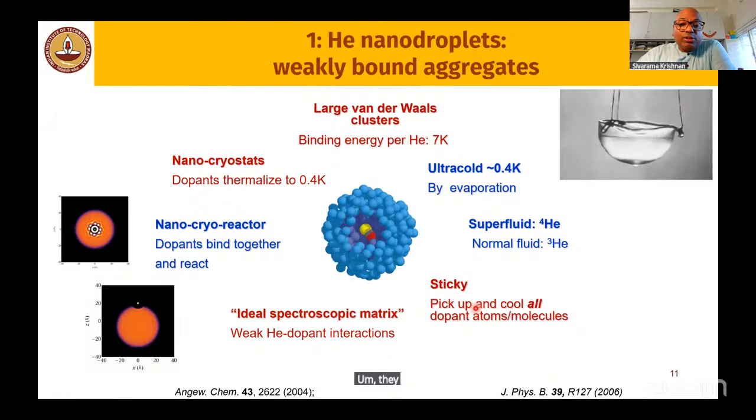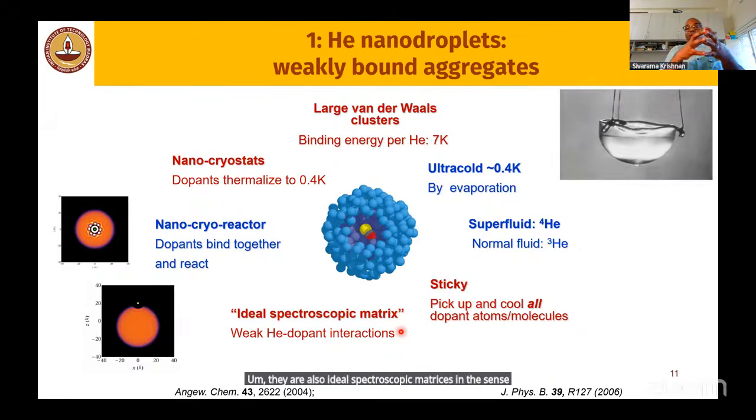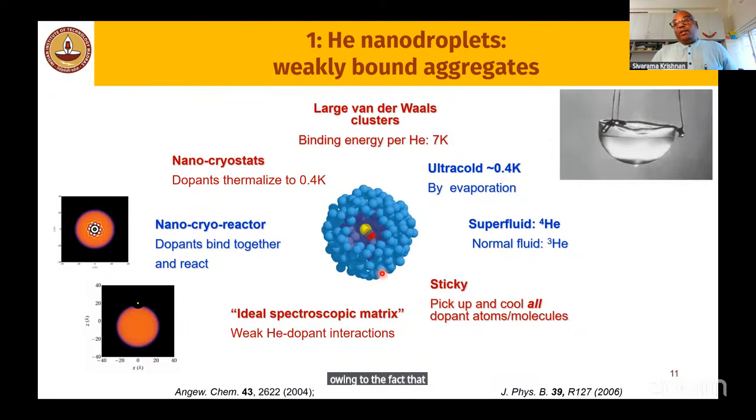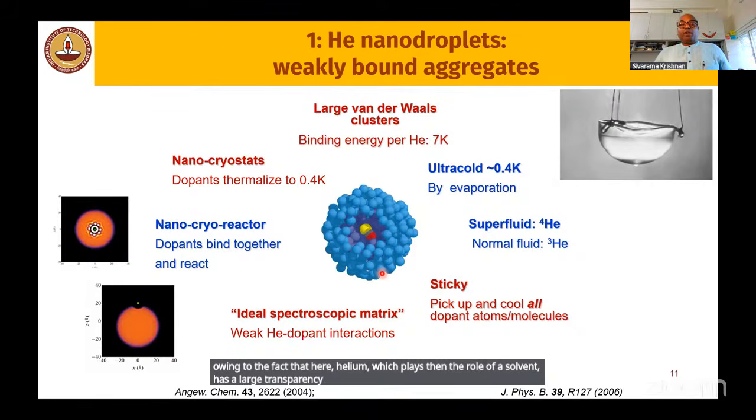They are also ideal spectroscopic matrices, in the sense that inside these clusters, or what I call laddus colloquially, we can dope other atoms or molecules and form an ideal spectroscopic matrix, owing to the fact that here helium, which then plays the role of a solvent, has a large transparency window going all the way up to 20 eV into the extreme ultraviolet.